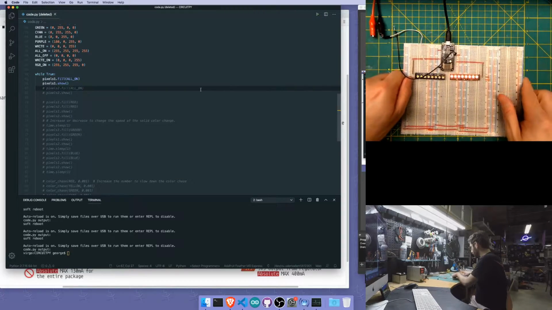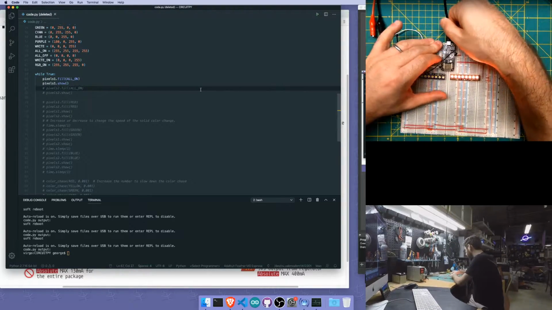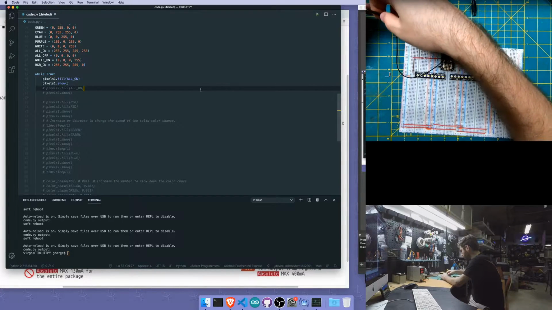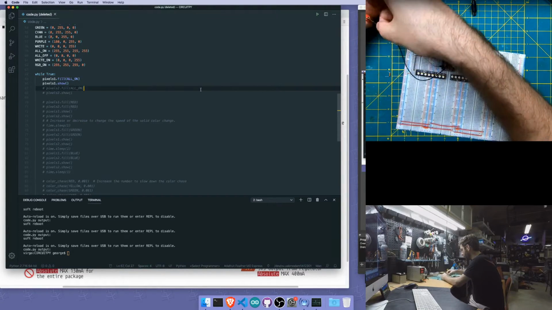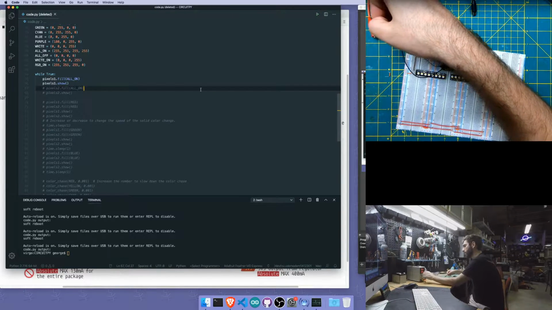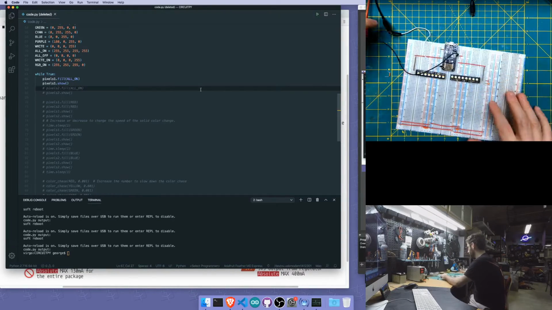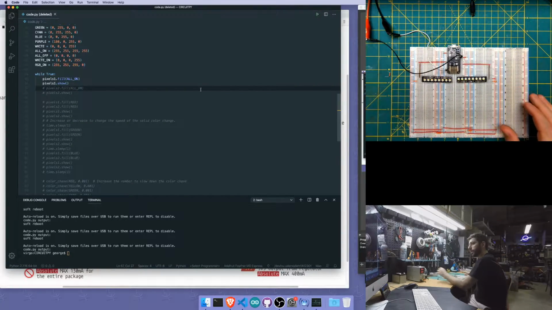If I pulled the USB here and I switch to power supply power, let me power this down. So this should be significantly brighter once I reset the board.